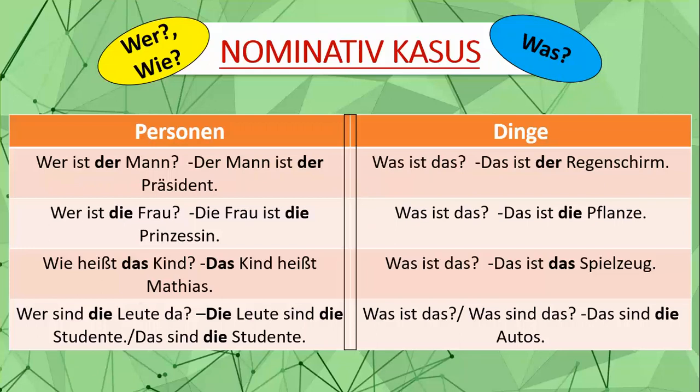So some of these, the articles and the word kein, I will show you how they remain in their original form in the nominative case in my last tutorial part.